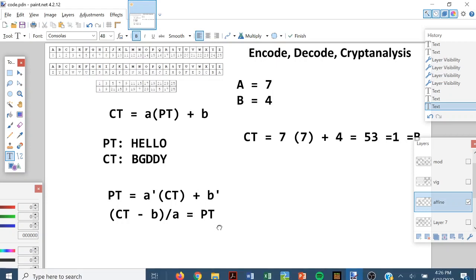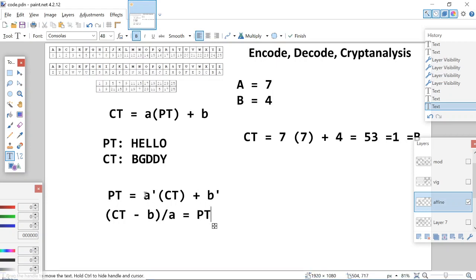So yes, in any situation, you can solve for A and B using the values of A and B if they give it to you. But obviously, A inverse you see here is divided by A. You can't divide, so you just end up taking the multiplicative inverse, and you get essentially the same thing.